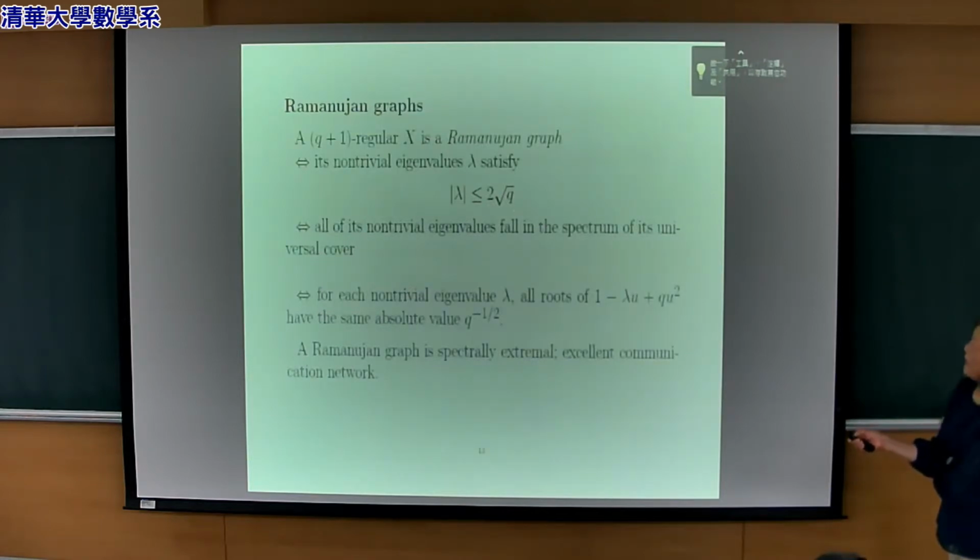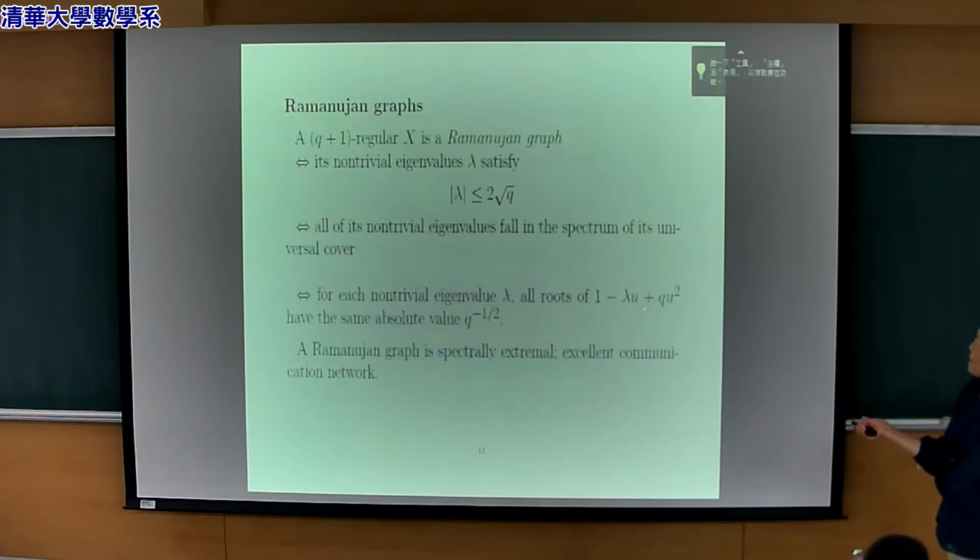Okay. And another way to see this is to look at the quadratic equation 1 minus lambda u plus q u squared. So this bound is equivalent to saying that all the roots of this quadratic polynomial have the same absolute value. In this case, it's q to the minus half.